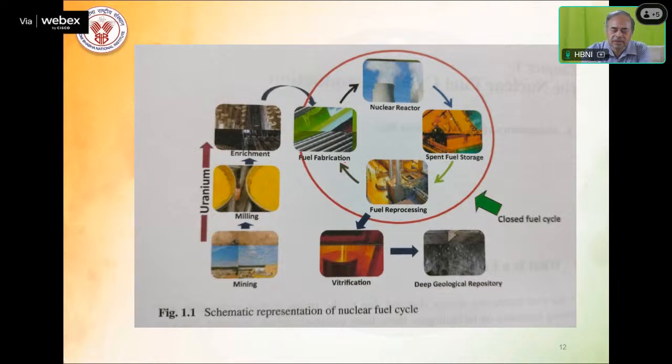After reprocessing, whatever plutonium you remove can be used for fuel fabrication and reutilization in the next type of nuclear reactors. And after reprocessing, the waste is discharged for vitrification, which is to be stored in the deep geological repositories.